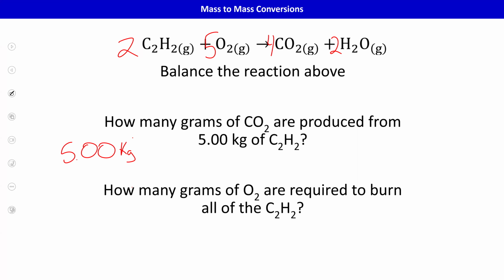5.00 kilograms. Our atomic masses on the periodic table are in what units? Grams per mole. So we've got to get kilograms to grams first. 1 kilogram is 10 to the 3 grams.